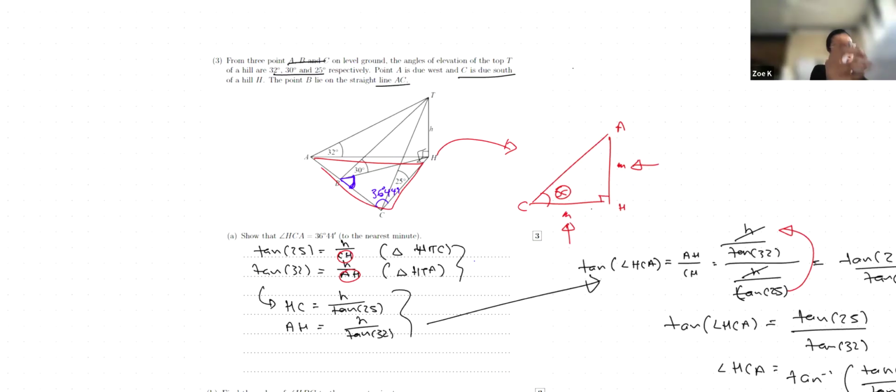Yeah. And then we do BH divided by sine 36 44 is equal to CH over sine angle HBC. Yep.